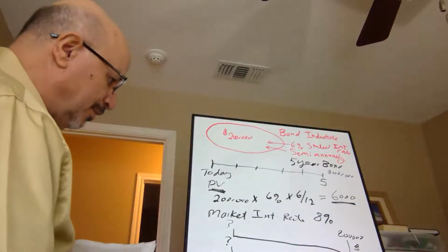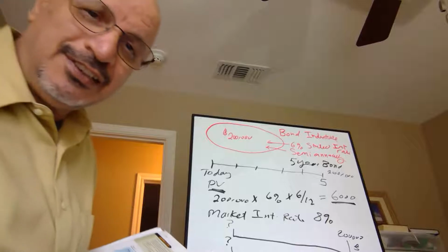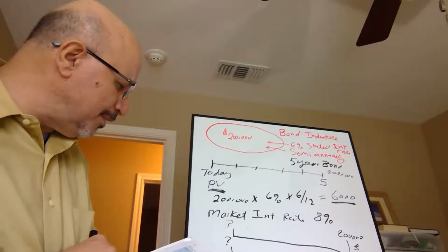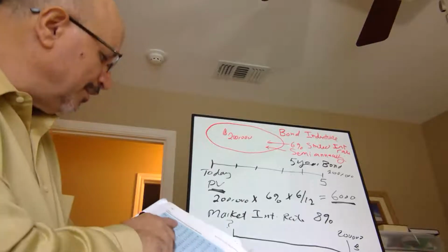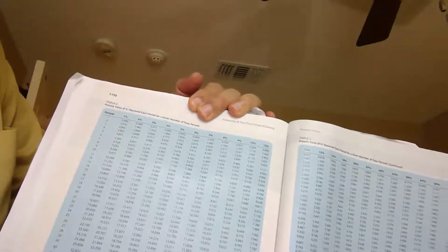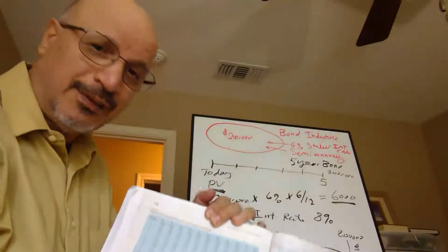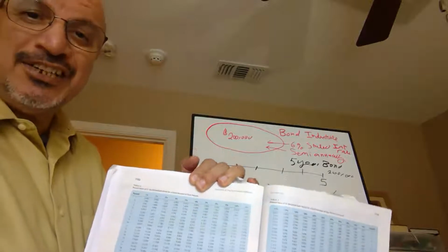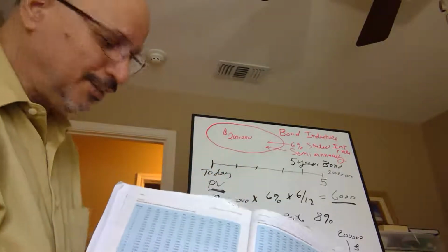So we look at a different table, the present value annuity table. This one is table 2 at the end of your book, page 1152. Present value of $1 received each period. Notice that it says each period, not like the first one at the end of a number of periods. That means it's an annuity table.